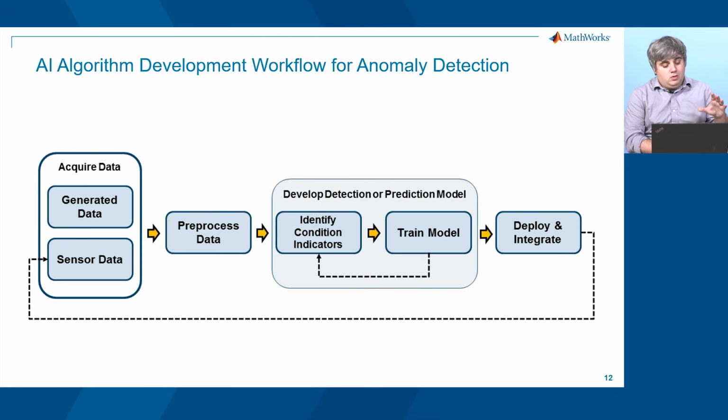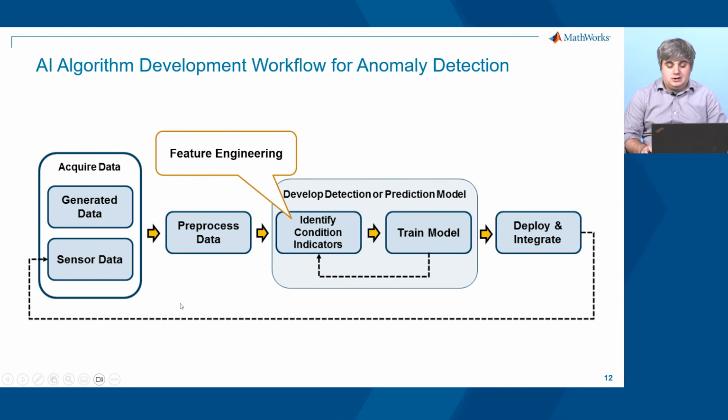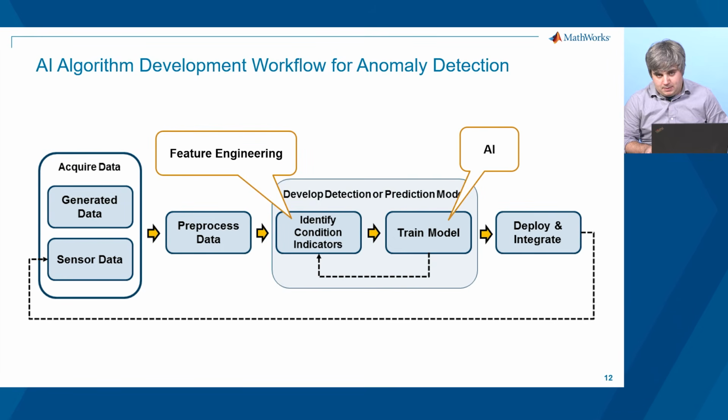If you haven't seen this before, it's pretty standard: we acquire data, we might do some pre-processing or cleaning of the data, and then we get into the actual modeling part, where we first need to do some feature engineering. We take our standard time series data and convert it into data points that can be used to train an AI model.